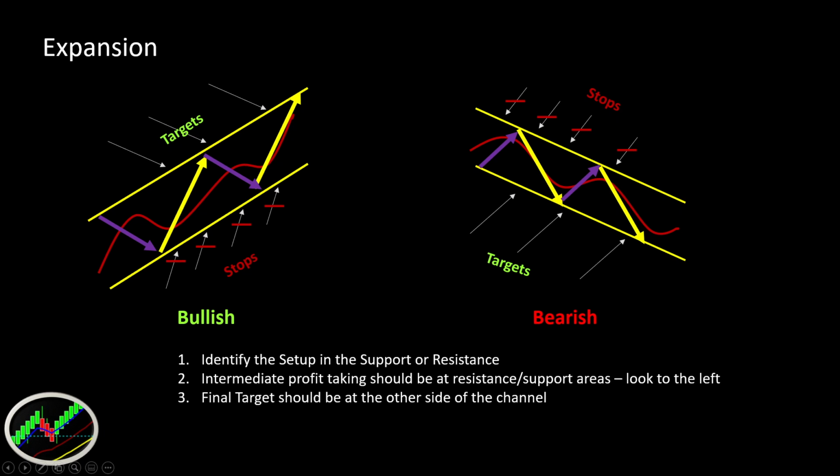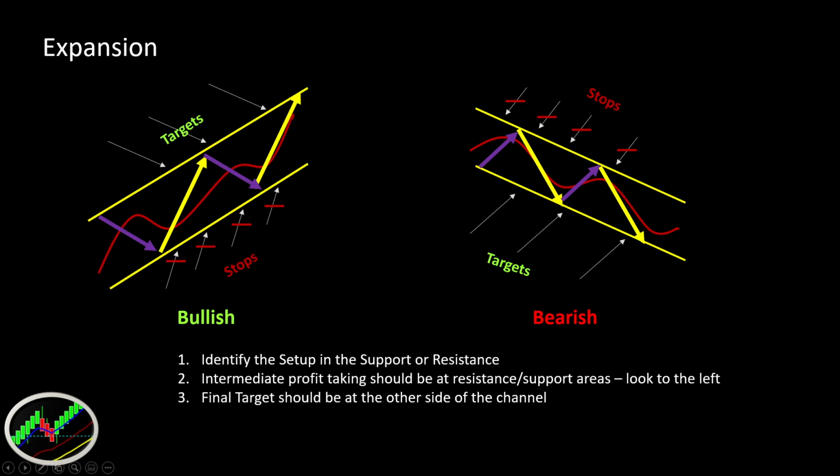In the bullish market, you identify the setup at the level of support or resistance, and then you take profits looking at the left. If your price is around here, look at the left and say, okay, this is my first target, or I close the trade right away, or I wait until it goes all the way up.